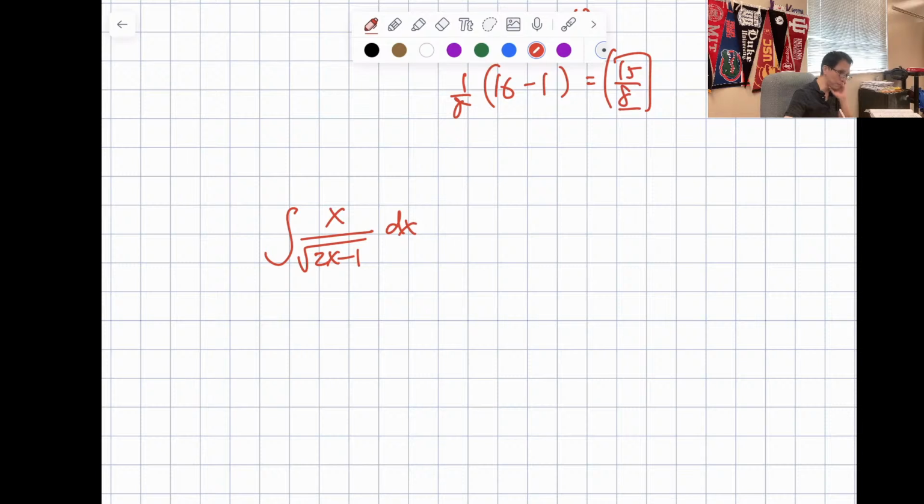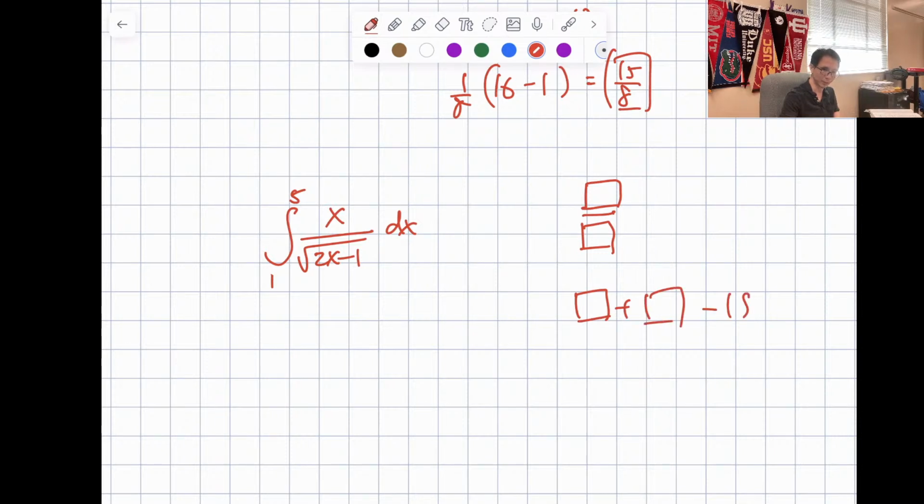Okay, so the final boss is gonna be between 1 to 5. The answer is gonna be a fraction. It's gonna have a numerator over a denominator, but the numerator plus the denominator is equal to 19. If you did it right, you end up getting 19.